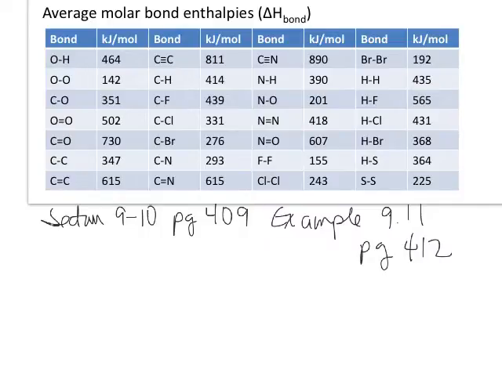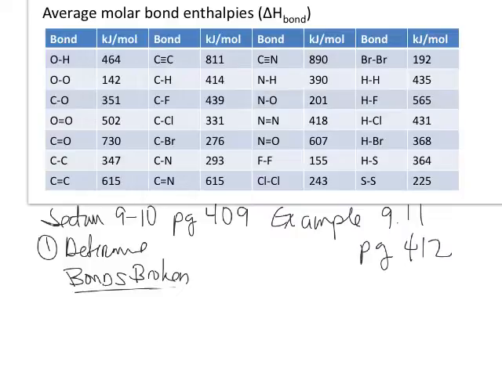And in this, you'll see that you first rewrite the reactions using appropriate Lewis structures and molecules involved. Well, the nice thing is this problem already gives it to you. You have to determine which bonds are broken and which bonds have formed. So we're going to determine bonds broken, and we're going to determine bonds formed.